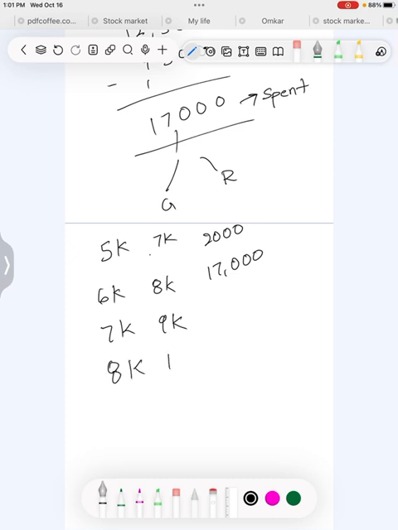We are not getting it this way, right? The difference you are getting is 2000 here. The sum we are getting is not 17, it's getting 18, it is getting 16. Okay, it is somewhere between.